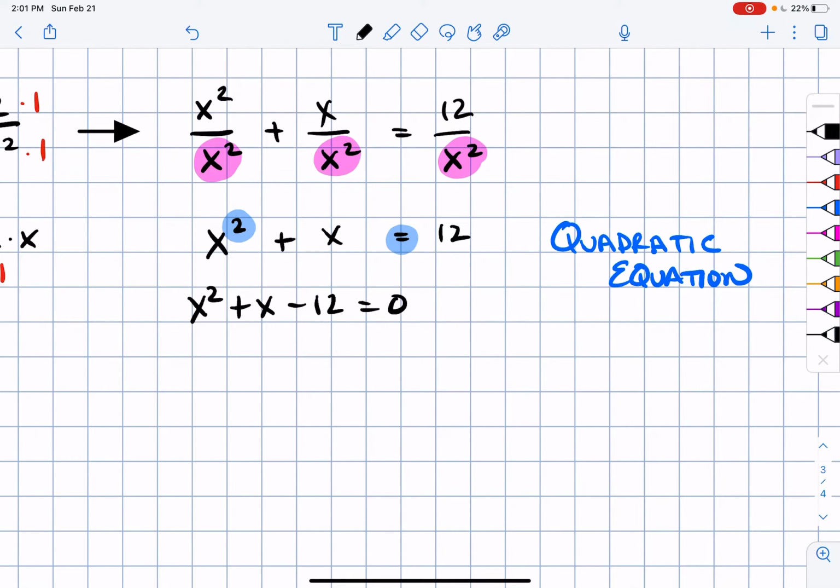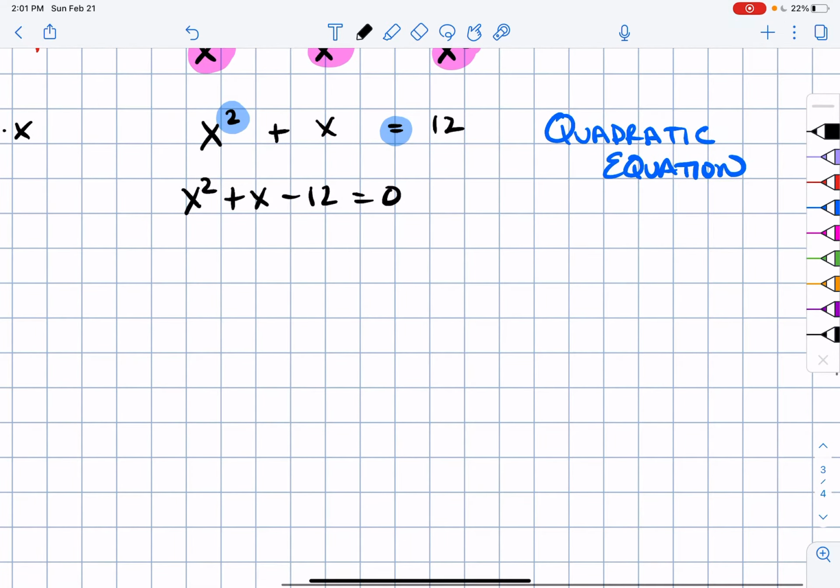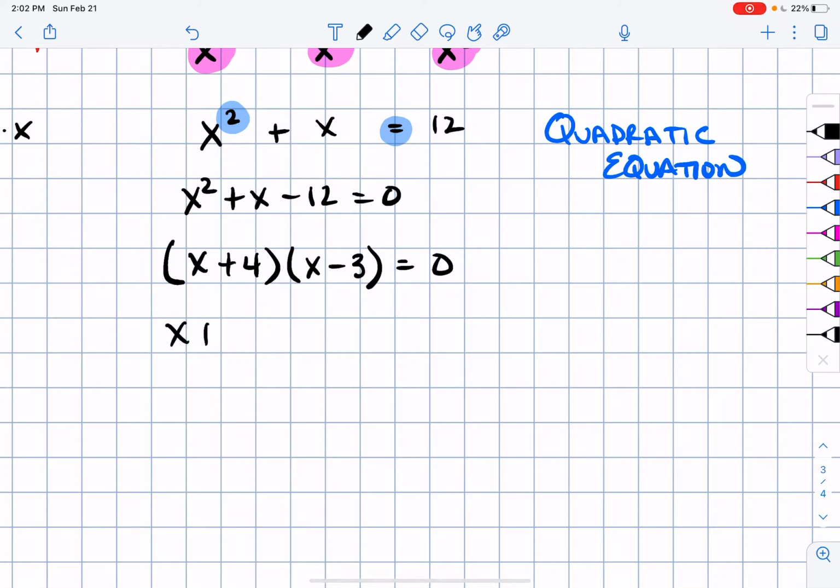And I got to factor the non-zero side. And you might have to use the AC method here. But it's x plus 4, x minus 3, and that's going to equal 0. Then I have to set each factor equal to 0. So I got x equals negative 4 and x equals 3.